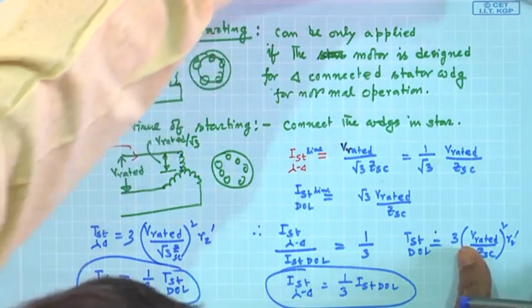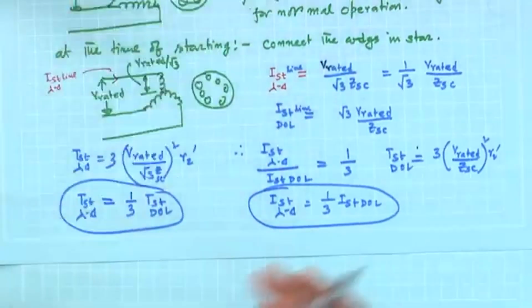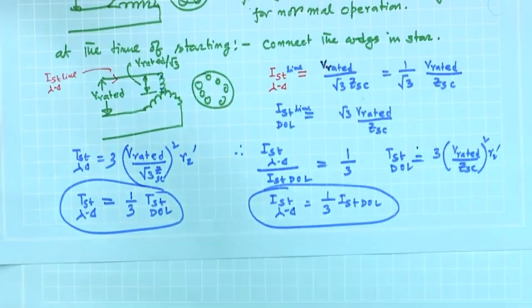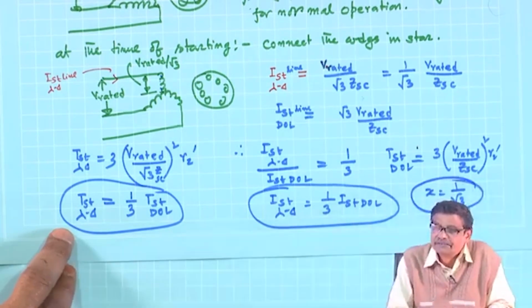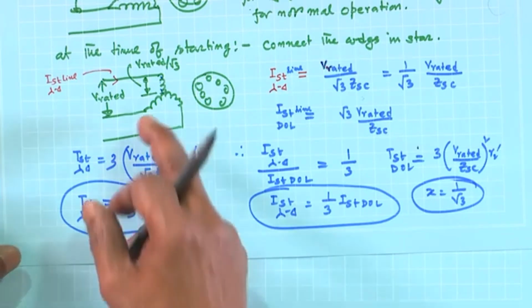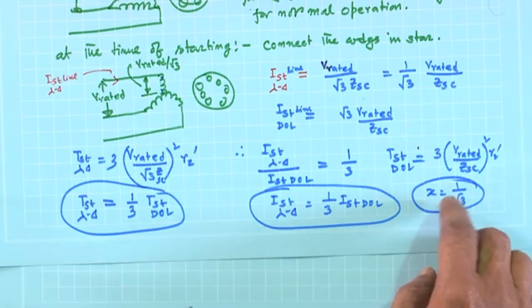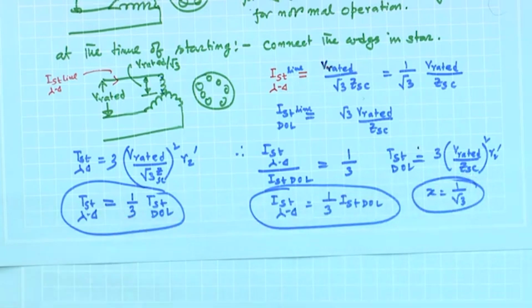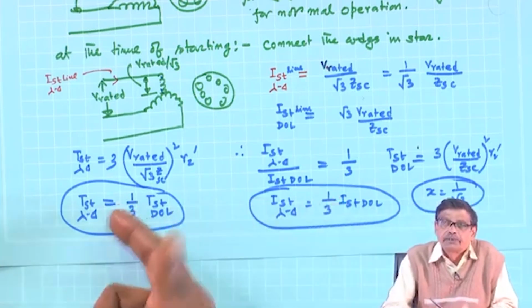Therefore, we can say that a star delta starter is equivalent to an auto transformer starter whose setting is x equal to 1 by root 3, because in an auto transformer current reduces by a factor of x square, torque also reduces by a factor of x square. x in this case must be 1 by root 3, that is why it has become 1/3 and 1/3.